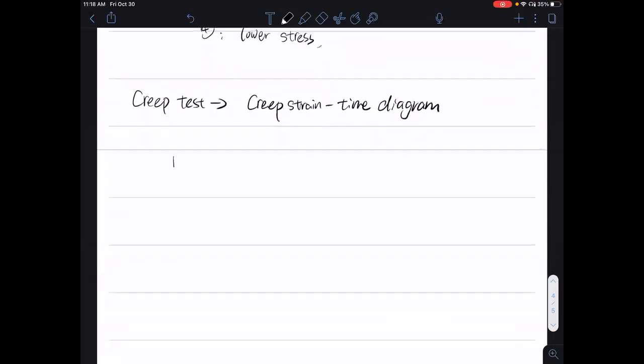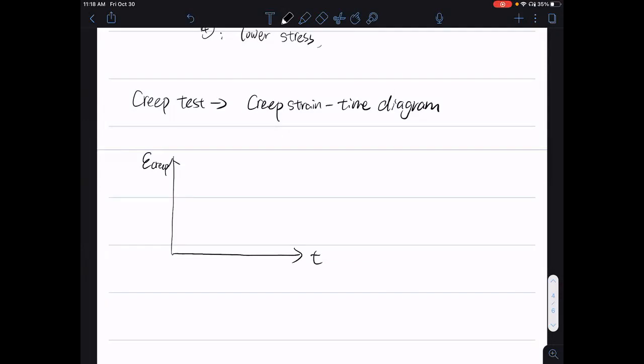So the diagram looks like this. On the vertical direction, we have strain, the creep strain. On the horizontal direction, we have time. One question here, what's the unit for strain? What?